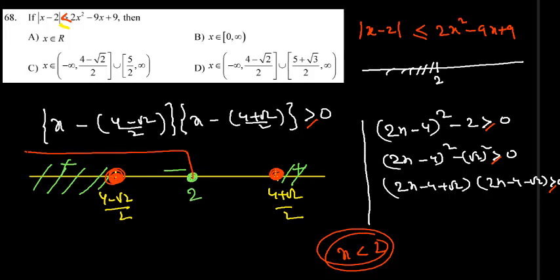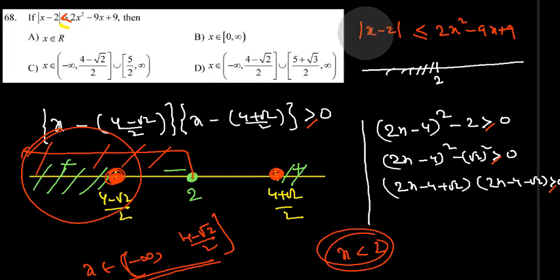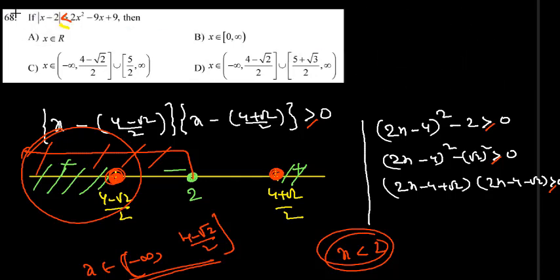For the intersection, x belongs to minus infinity to (4 minus root 2 by 2) closed, because equality is given. This is part 1 of the solution.